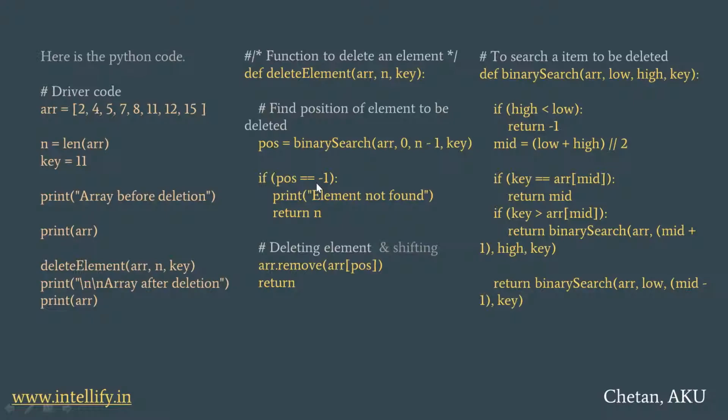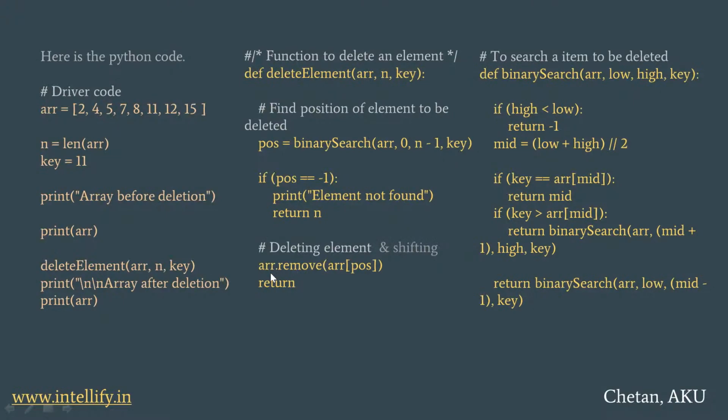If the position variable is equal to -1, this means the element is not found in this binary search. Therefore we simply return back to this main code and print our array. But if we find the index of the value, then we remove it by using this function.